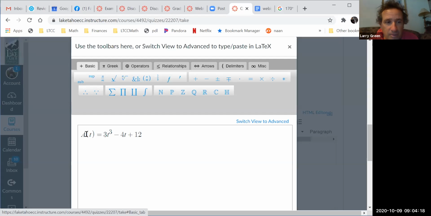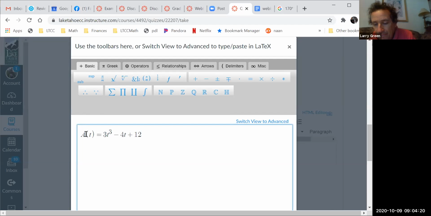So we need to find the derivative, a prime of t. So what's the derivative of 3t cubed? Go power rule. 9t to the second power. Yeah, it's 3 times 3t squared, or 9t squared.